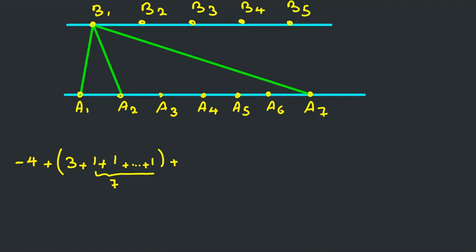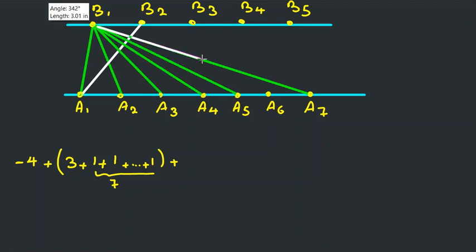Now let's draw the next lines in another color. B1 to A1. How many intersections are there? This white line intersects B1 to A2 inside, A3 up to A7.